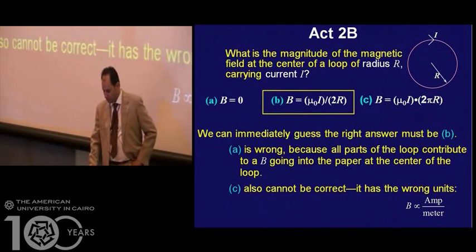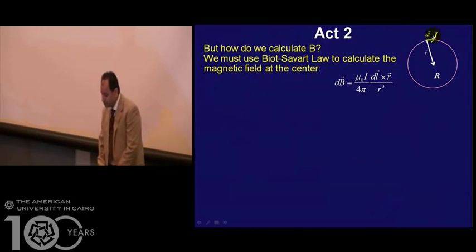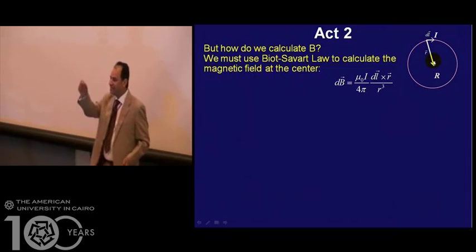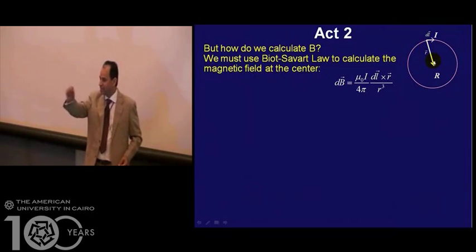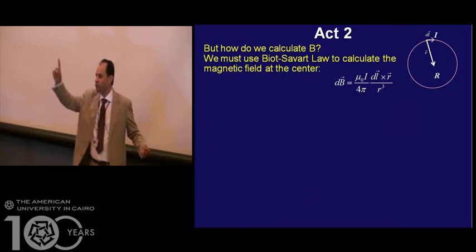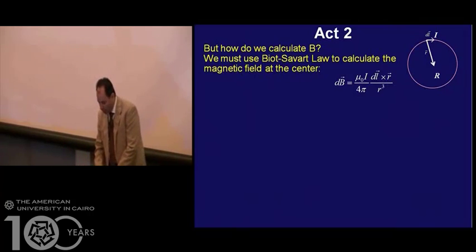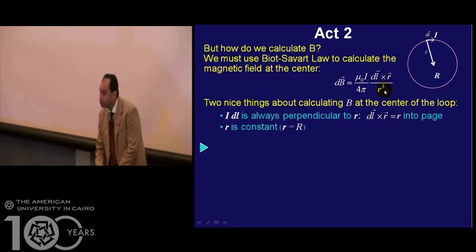Now, dl and r are always perpendicular to each other. dl is the tangent to the circle at that segment, and r is the radius. Tangent and radius are always perpendicular to each other. That's why the cross product will give you 1. So it's going to be dl times R divided by R cubed.